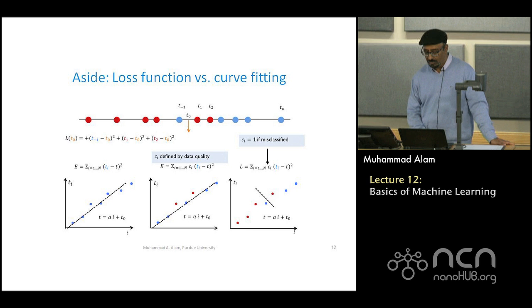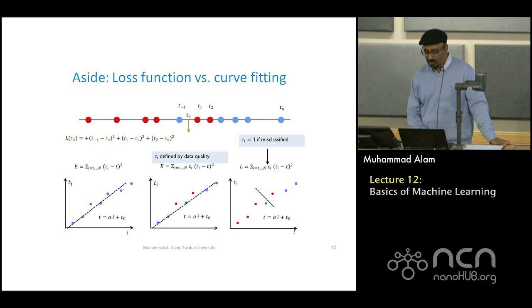Let's say you have combined data from different labs. In that case, for the red points, you want to give a little less weight because they are not all equal. If you give a little less weight, then of course it will try to follow the blue points more.